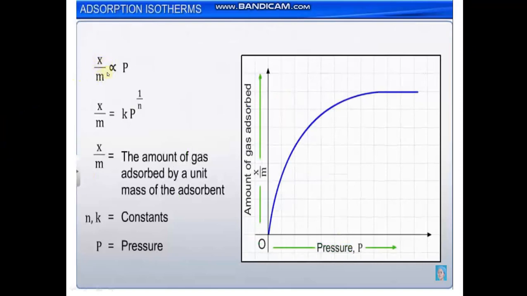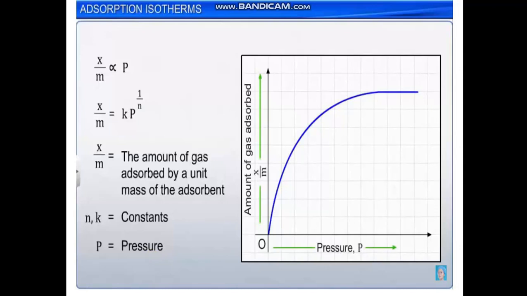So X upon M is proportional to P. X upon M is equal to K P raised to the power 1 by N. X upon M is the amount of gas adsorbed by a unit mass. N and K are constants. P is the pressure. The curve represents the amount of gas adsorbed.